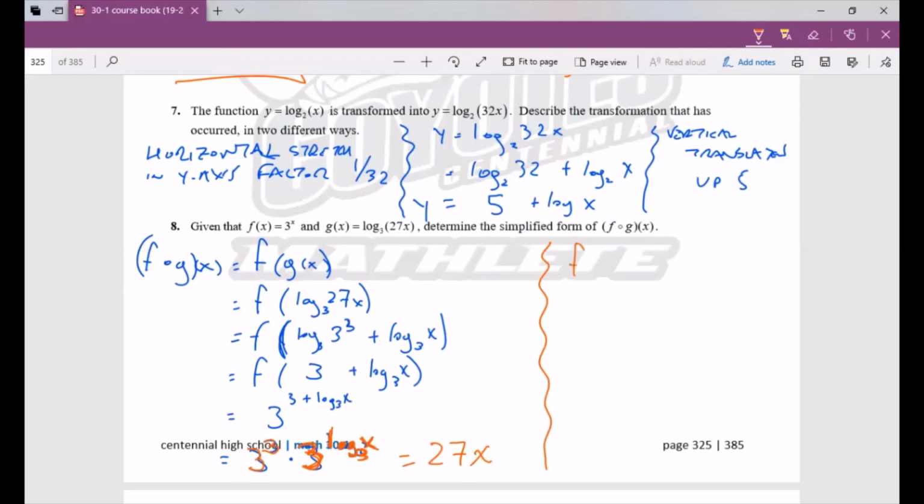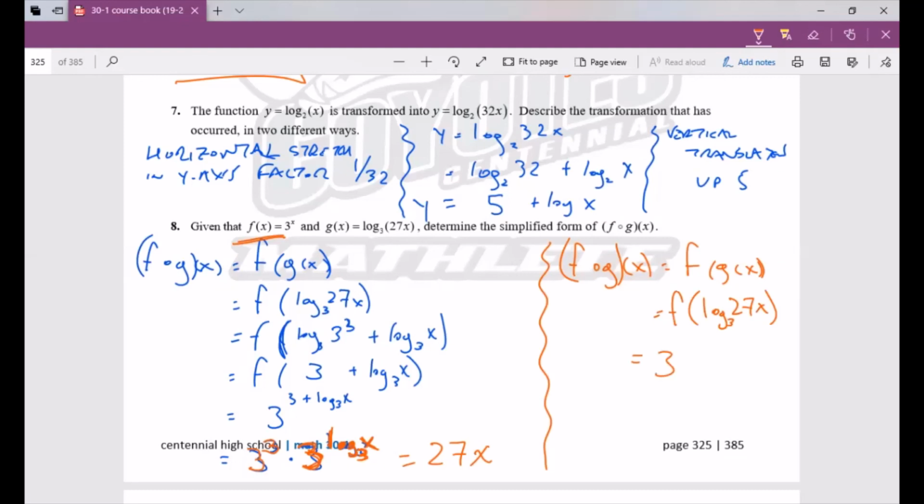I would throw out to you the fact that we could look at this maybe in a simpler way, that f of g of x, g is your input. If this is log 27x base 3, if I compose that with the function f, at this point the function f is just 3 to the x.